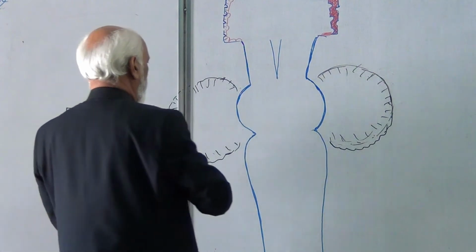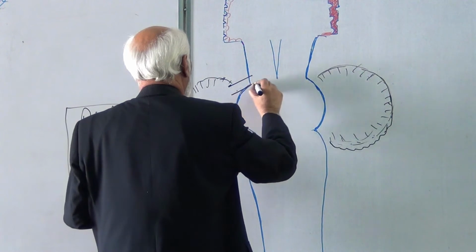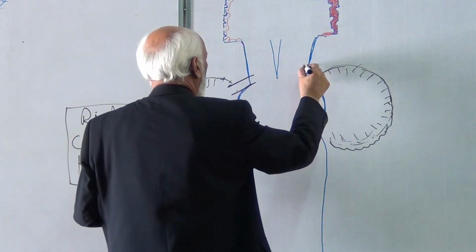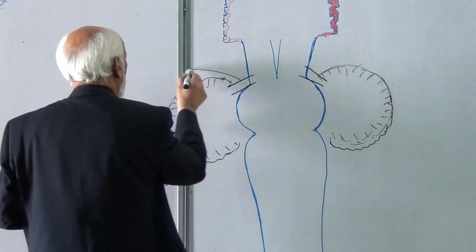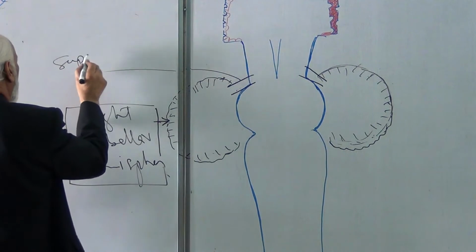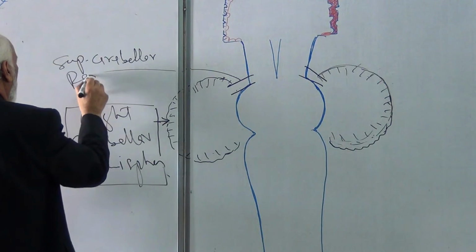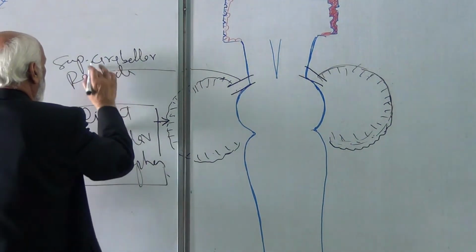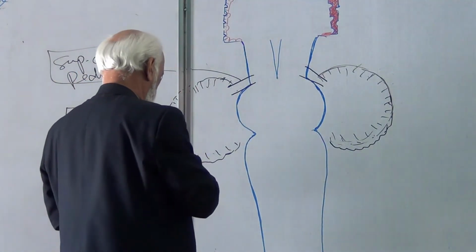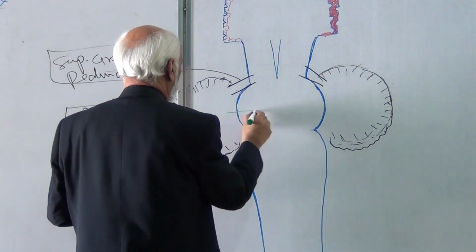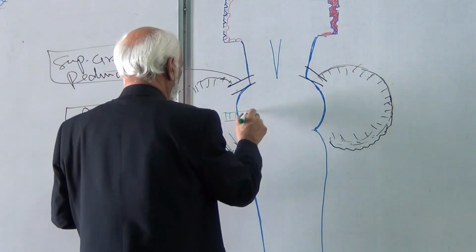Now each cerebellum is connected to the midbrain by the superior cerebellar peduncle, to the pons by the middle cerebellar peduncle, and to the medulla oblongata by the inferior cerebellar peduncle.